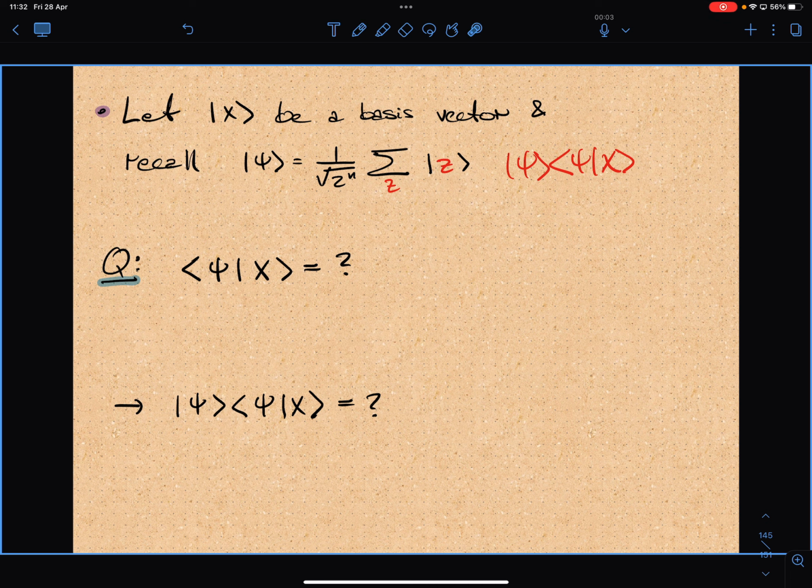So the question for y'all is what's this equal to? I'll give you a minute to compute it.